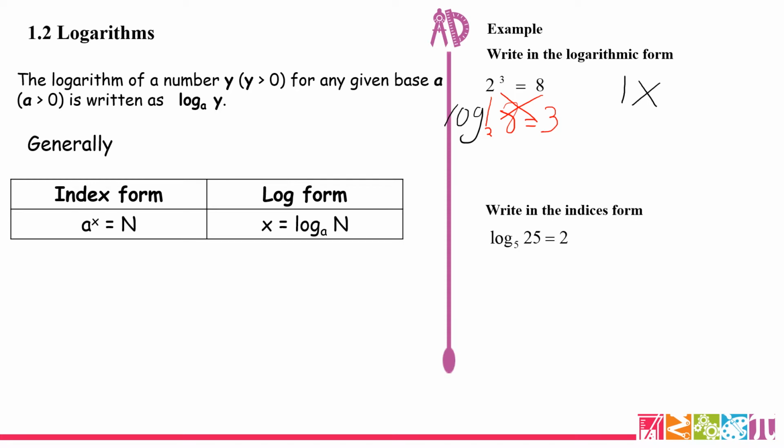Next example, write in the indices form. Still use the IX method. I refers to the number 5.